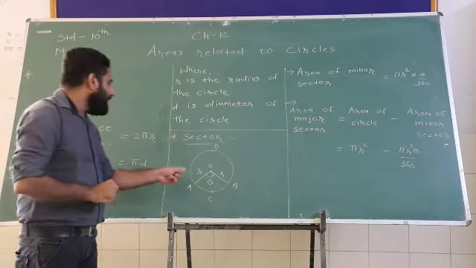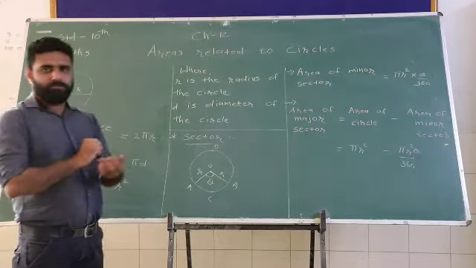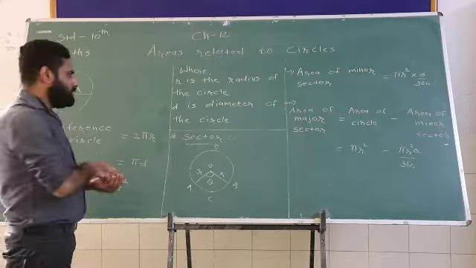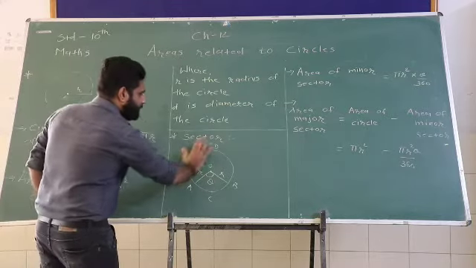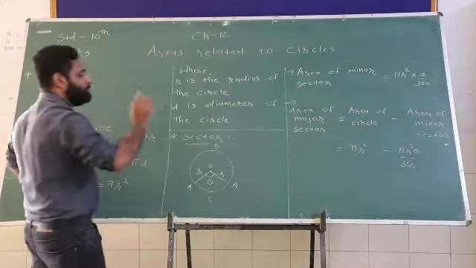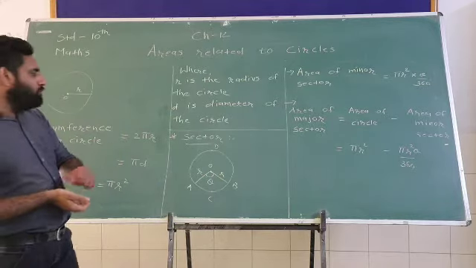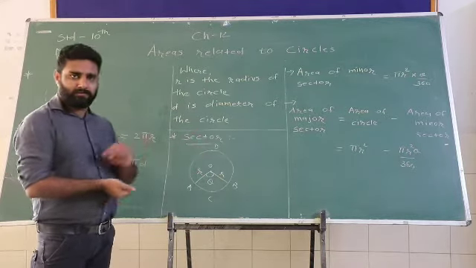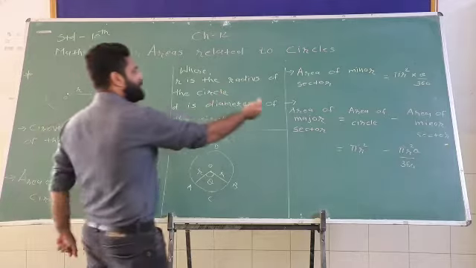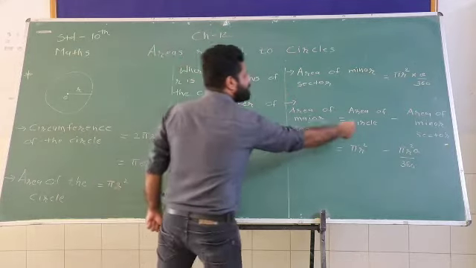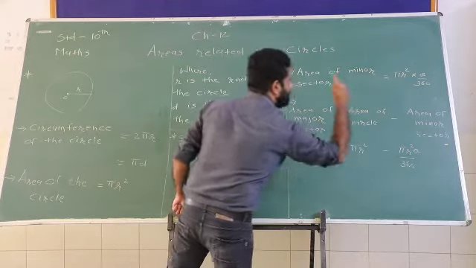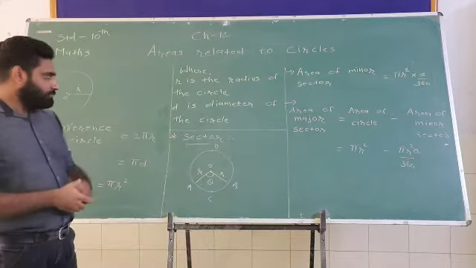Then what will be the area of the major sector? Very simple. Area of the circle minus area of this minor sector. So you will get the area of the major sector.